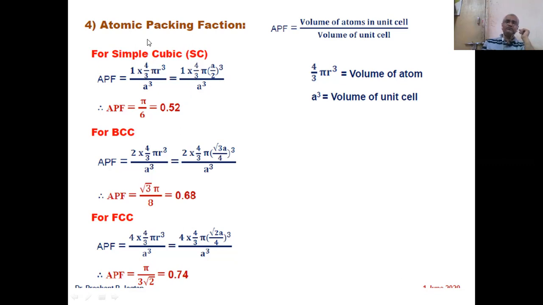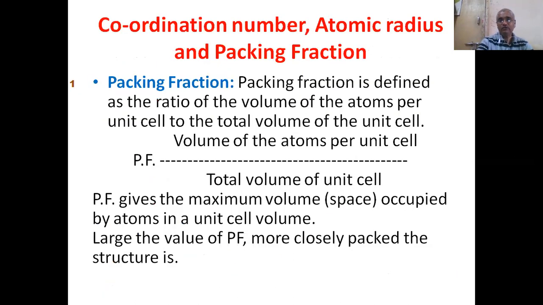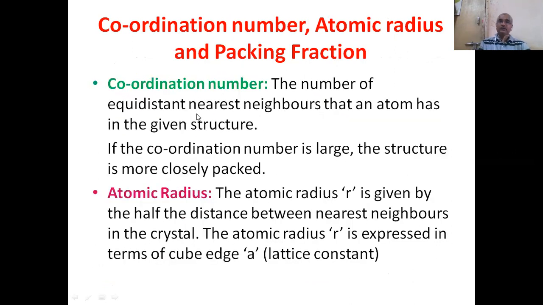In every examination you will see that the question on atomic packing fraction is asked. So this is all about the atomic packing fraction we have studied. Remember, from the last two lectures, we have defined some basic terms, that is the coordination number and atomic radius.